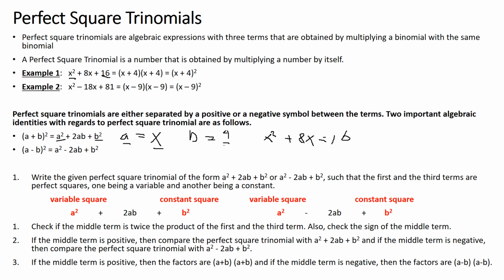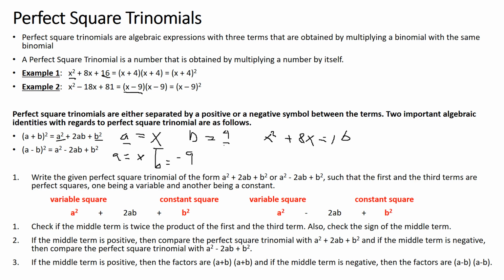Similarly, a minus b squared is, like I said, a minus b times a minus b. In this case, my x squared minus 18x plus 81, we can prove this by x minus 9. My a equals x as before. My b equals negative 9.